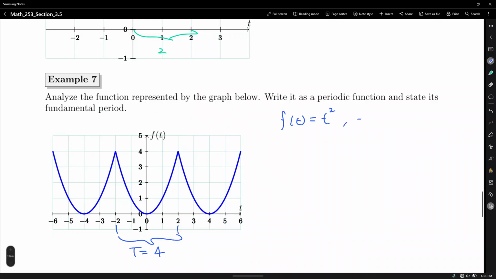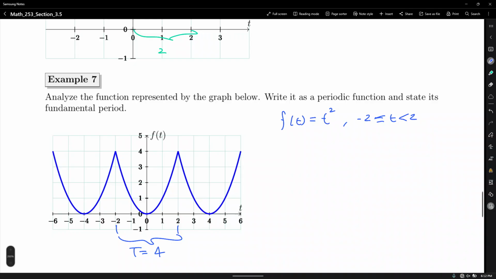This goes from -2 to 2, or between 2 and what would be next, 6, or between 6 and 10, or between 10 and 14. Either way. But we describe it in these terms because we look at the interval where we have the smallest value possible. All right?